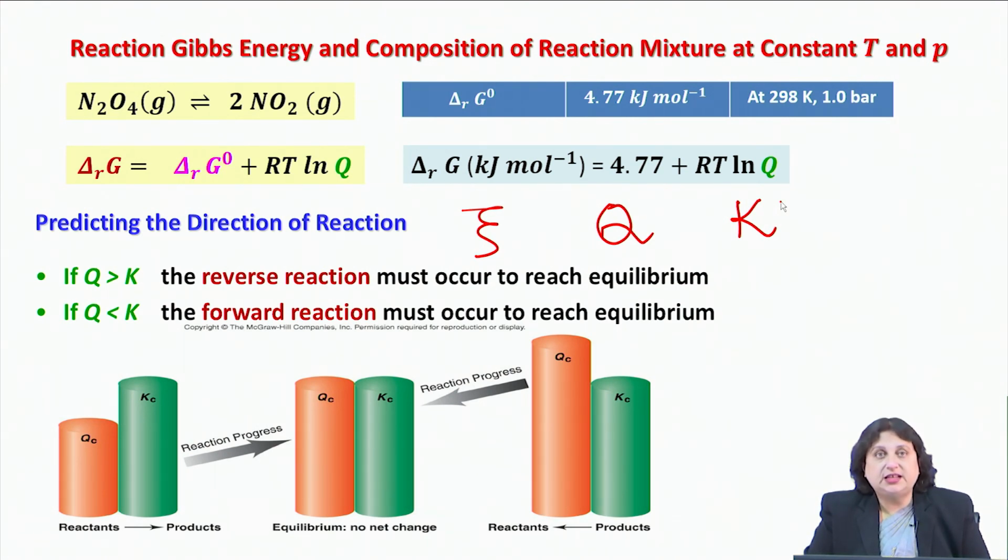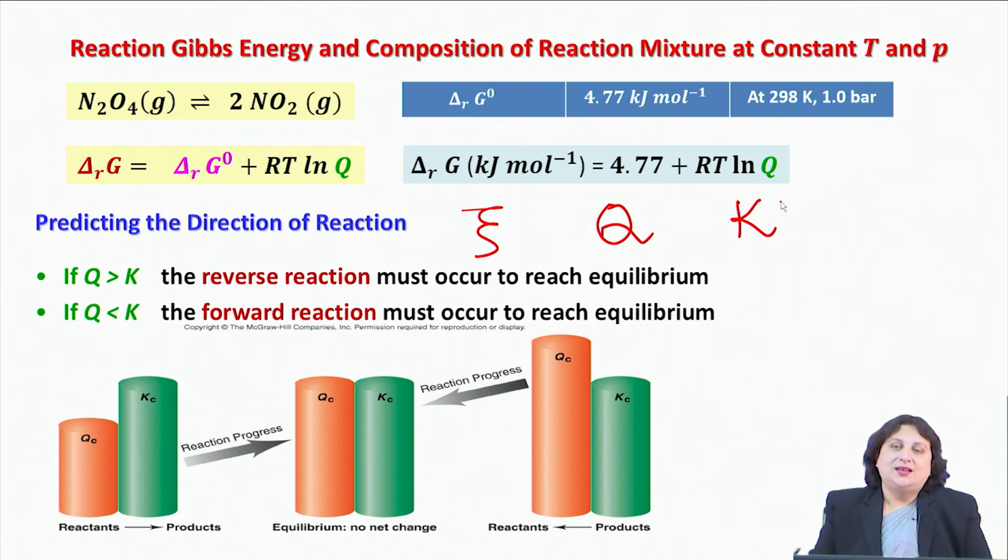So at a given stage, if Q is greater than K, you must say that the reverse reaction must occur to reach equilibrium. What happens if Q is less than K? Then you conclude that the forward reaction must occur to reach equilibrium.